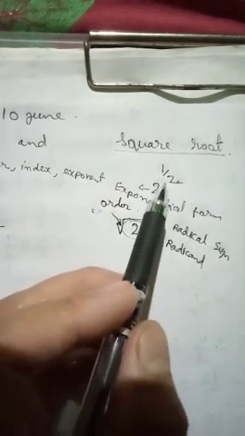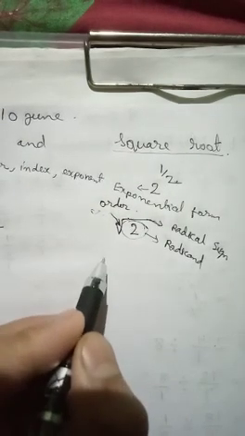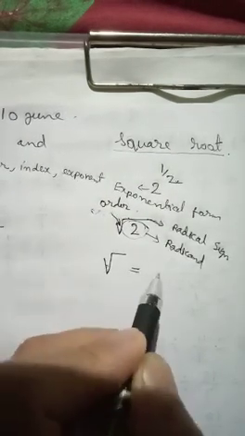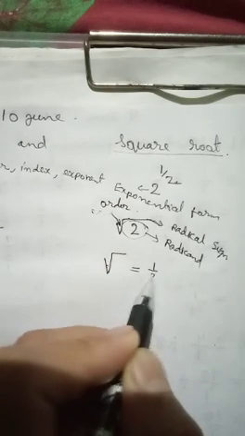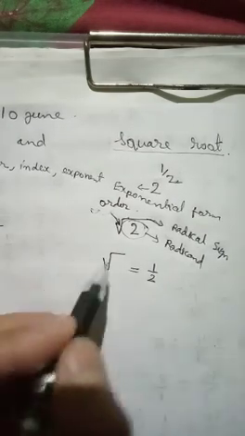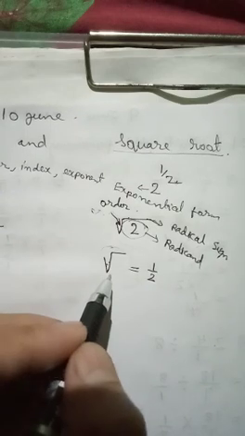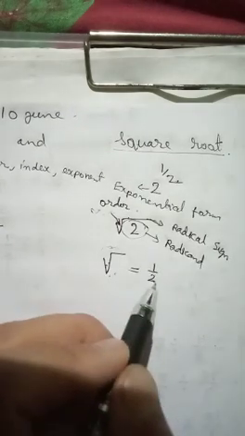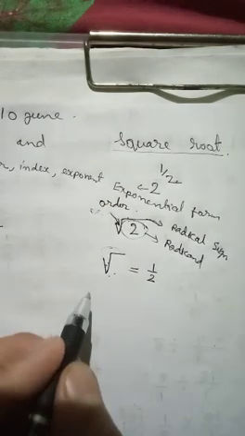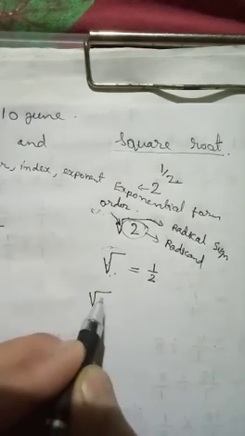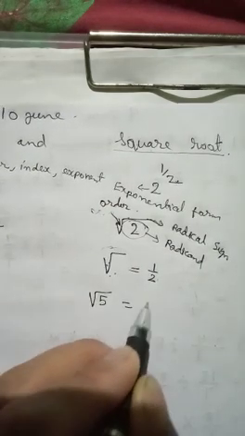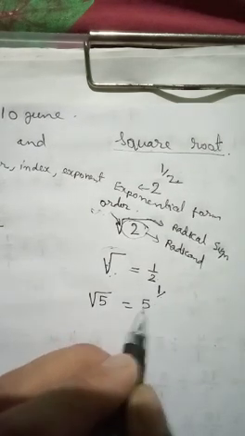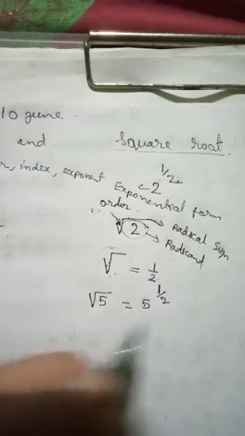Without the square root sign, it means power 1 by 2. If we use this, we call it radical form. If we use this way, we call it exponential form. So I may write square root 5. Then in exponential form, it will become 5 to the power 1 by 2.